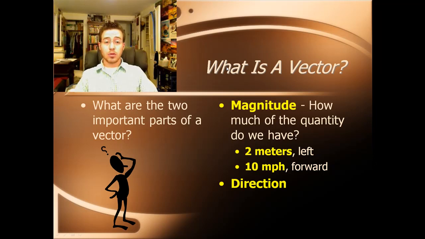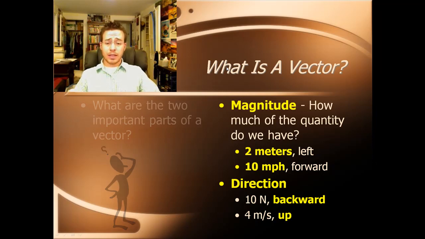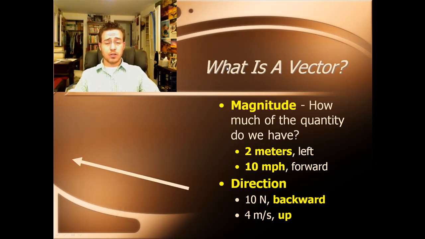The second thing that's important with a vector is the direction. Okay? If there's no direction included, then that's a problem. One of the things that we use vectors for, again, like I said, is describing motion in the physical world. So the example that I wrote down, 10 newtons backward, backward being the direction, 4 meters per second up, up being the direction. Okay. When we're doing this graphically, we'll need to draw the direction using an arrow.